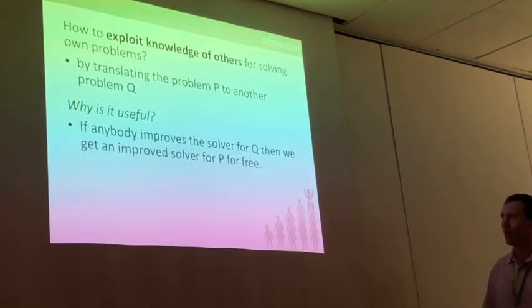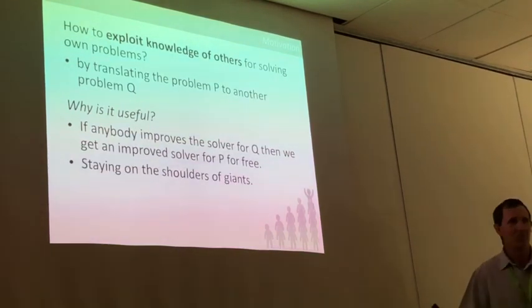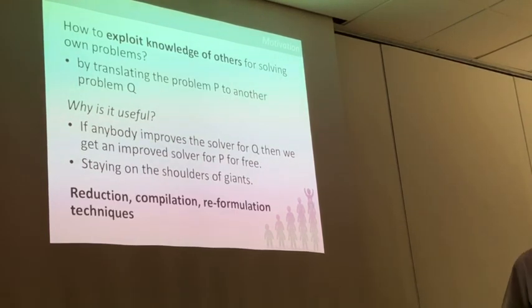So why is it useful? First, you exploit all the energy that people put into solving Q-type problems, and if anybody improves the solver for problem Q, we immediately, for free, have a better solver for problem P. It's like standing on the shoulders of giants. You just model your problem and somebody else solves it.